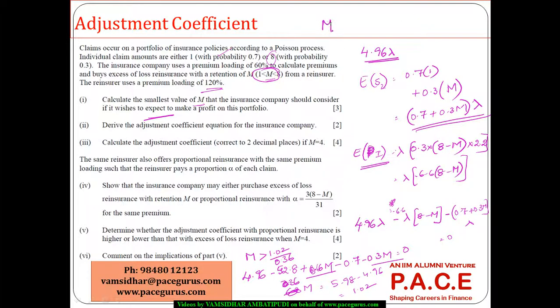So only if m is greater than 2.83, there is some kind of a chance that the expected profit exists for the insurer in this case. So that is how I am calculating the minimum value of m so that the insurer can expect to make a profit in this scenario.